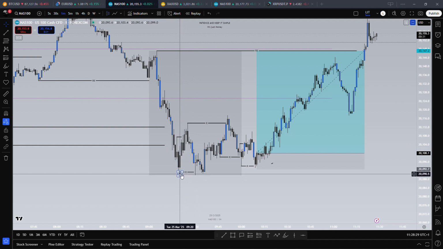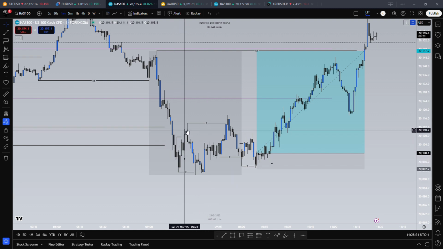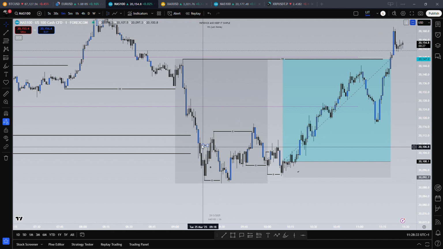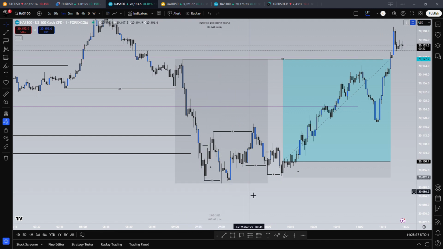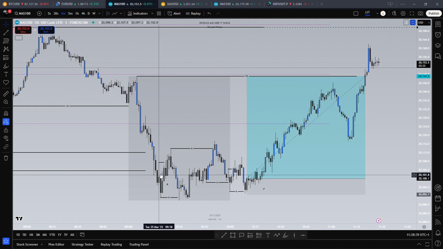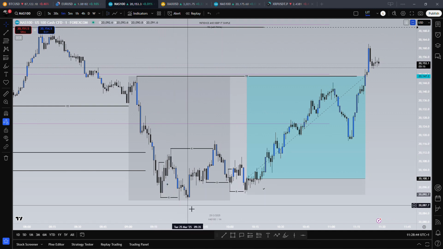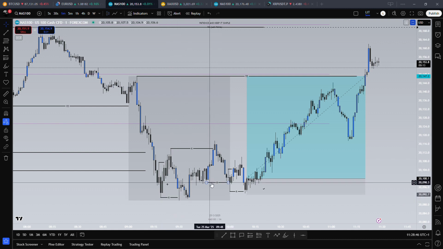I think here it was an SL. It broke a structure, so it took the relevant liquidity here, which is correct. It was my mistake. Then we take the relevant liquidity here, which was the one that broke this relevant liquidity. And then we take this relevant liquidity, which was the one that broke this one.